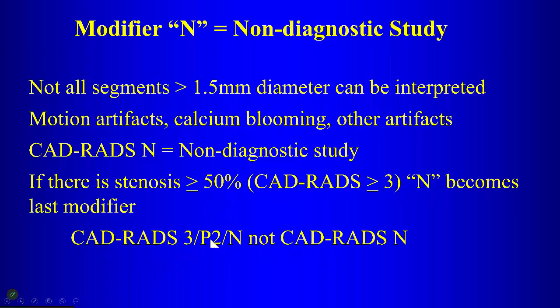There's some plaque, you give it a P2, and then if there are other vessels that you cannot evaluate, then you would give the N as the last modifier over here. So you are giving it a CAD RADS score of 3, so this is your CAD RADS score here, and your N is the last modifier. So it's not CAD RADS N. If you say CAD RADS N, that means the entire study is non-diagnostic.